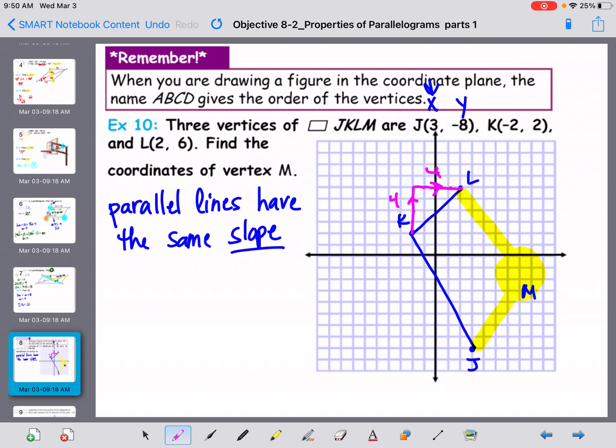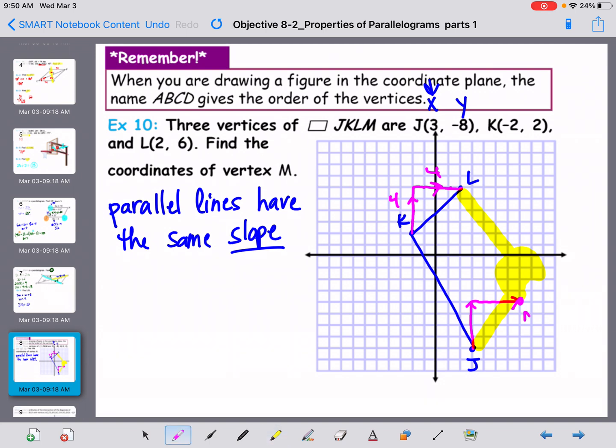So my slope from J to M is going to move the same distance. 1, 2, 3, 4, 1, 2, 3, 4. So right here would be my point M. So I was close, right? I was in the ballpark.